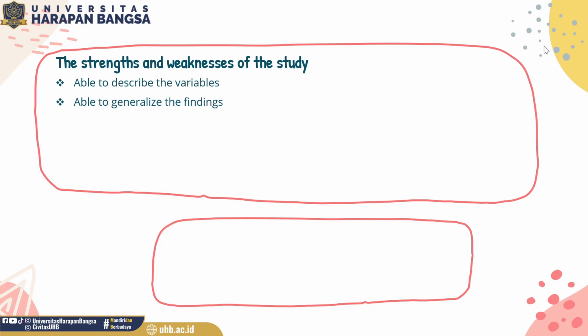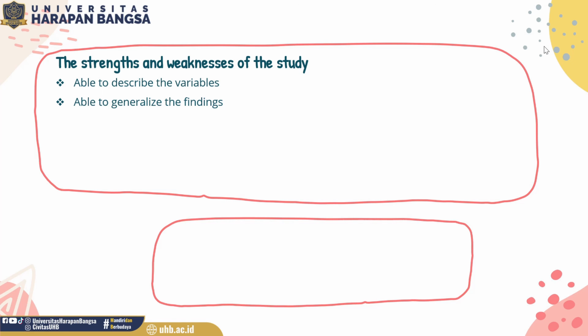There are some strengths and weaknesses of the study. The strengths are the research was able to describe the variables like gender, education, age, work experience, knowledge, attitude, and practice in toothbrush maintenance and use.